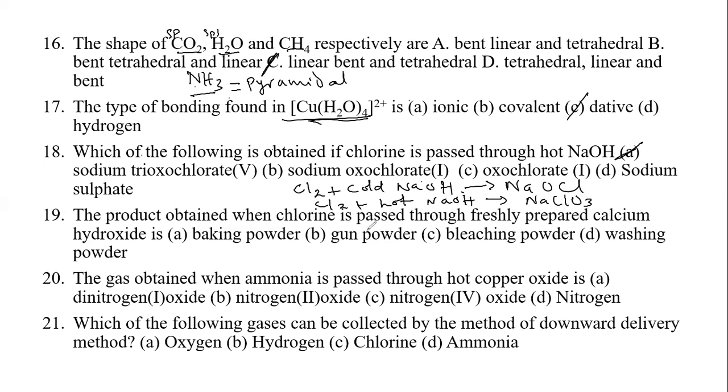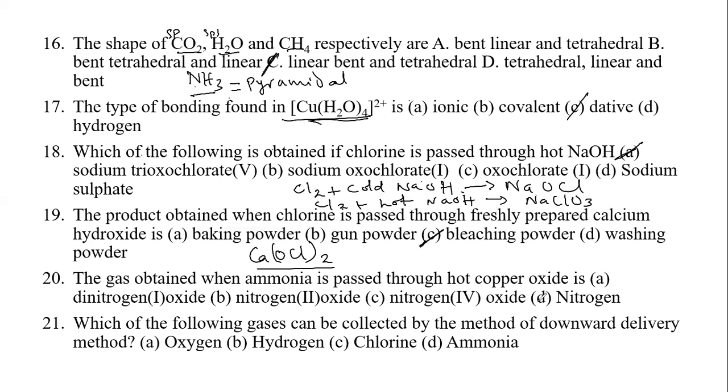The product obtained when chlorine is passed through freshly prepared calcium hydroxide, that's cold calcium hydroxide, is going to give you something like this. And that is what you call bleaching powder. Question number 20. The gas obtained when ammonia is passed through hot copper(II) oxide.